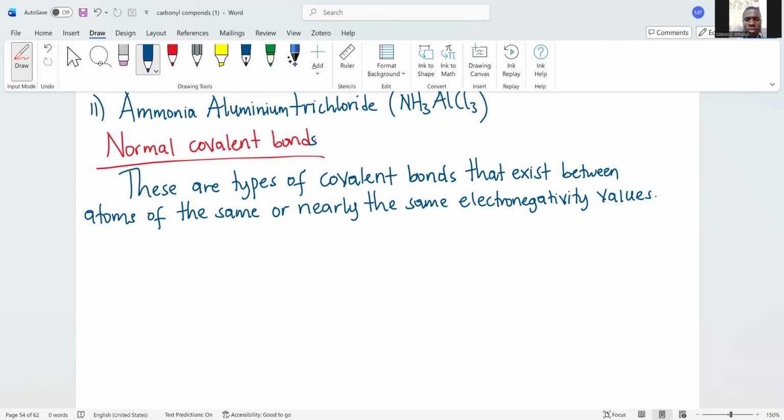So I want to say that these normal covalent bonds are formed with the same, now there is a technical term. For those of you in Senior 6, you know what it means.